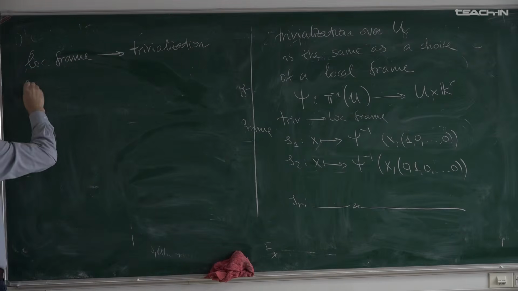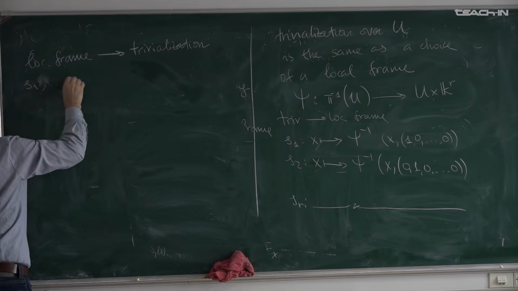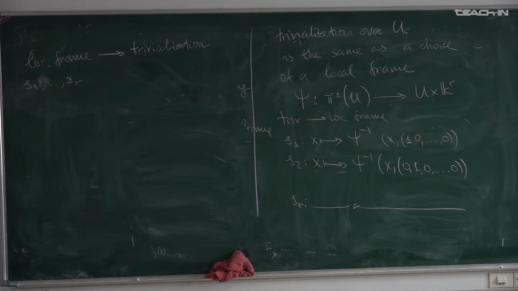So I have a collection of sections, S1, blah, blah, blah, SR, and they are linearly independent at each point. And I want to write the representation in that way. It's interesting, but much simpler is to write psi -1, the inverse.